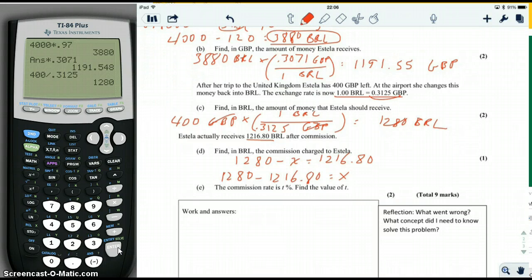Basically the difference between this and this is the commission, right? So 1280 minus 1216.80. And the answer is 63.20. So that is 63.20 Brazilian reais.